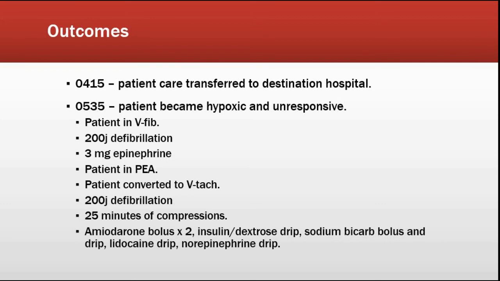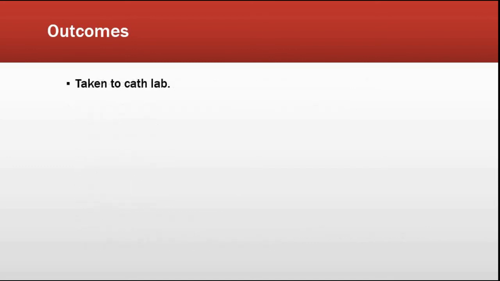After they gave that second 200 joule defibrillation, they administered amiodarone in both a bolus twice as well as a maintenance drip. They gave an insulin and dextrose drip, sodium bicarb bolus and drip, lidocaine drip, and a norepinephrine drip. They eventually got ROSC. They took the patient to the cath lab, and they found there to be a 100% occlusion of the left anterior descending coronary artery.